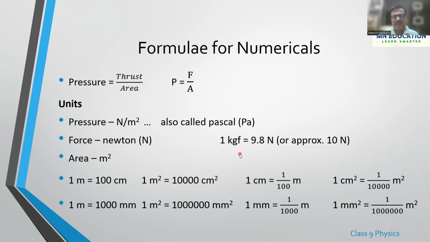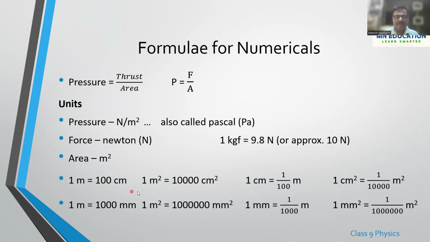In that case, if you want to convert it to newtons, remember the conversion factor. 1 kgf is equal to 9.8 Newton. Sometimes in problems, they may ask you to approximately take 1 kgf to be equal to 10 Newton. So you can take it as 10, which will make your calculations simpler.